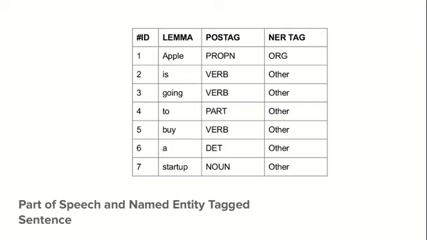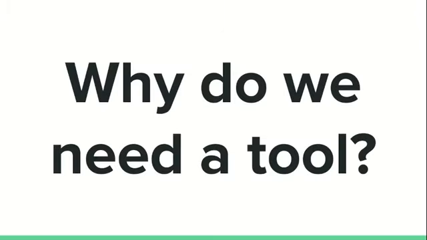The NER tag is used to tag every word that is an organization name, person name or a location. We neither have any organization name other than Apple nor a location here, so all other words are tagged as other.